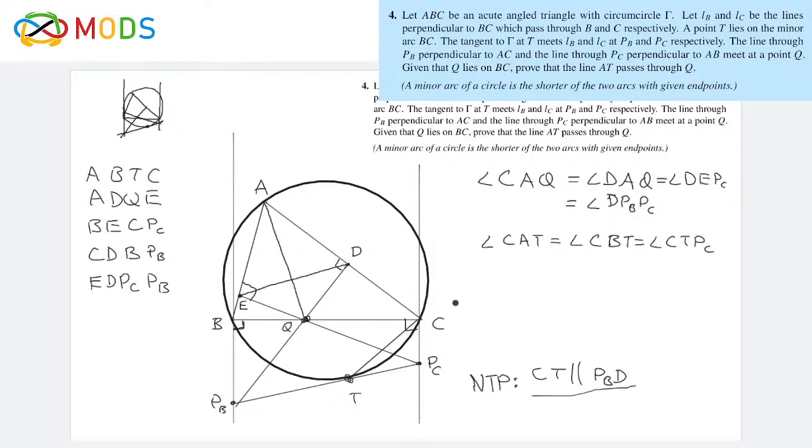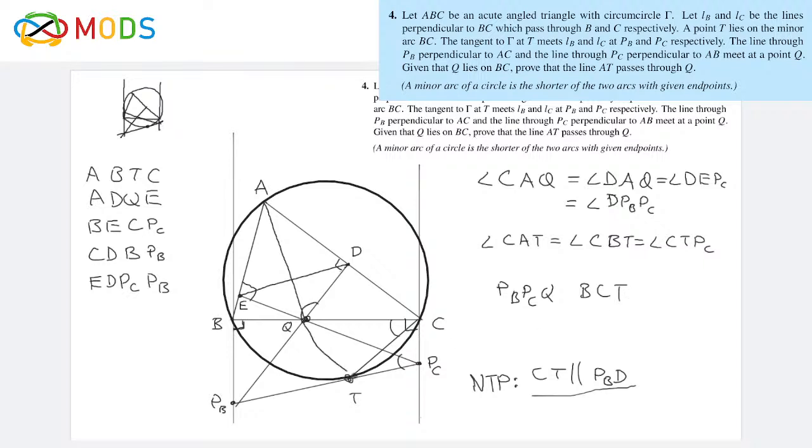ECT similar to PCQ. Wait, what? PBPCQ, and which one? BCT. BCT. So that's this angle and this angle.